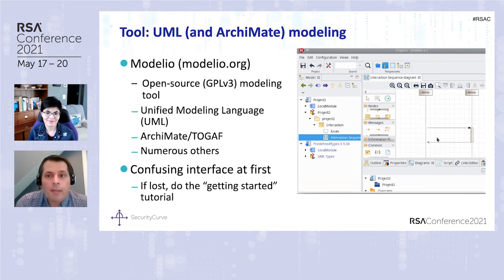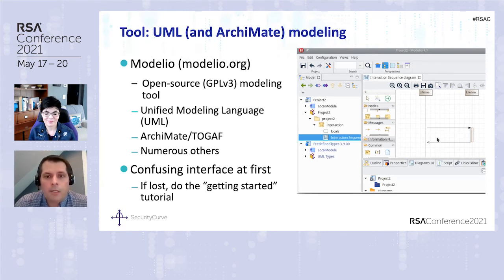From a UML standpoint, though, the open source tool that I think has advantages is Modelio. So Modelio.org, open source GPL v3. It lets you do Archimate. It lets you do other types of modeling too. But where, at least in my opinion, it really excels is with UML.